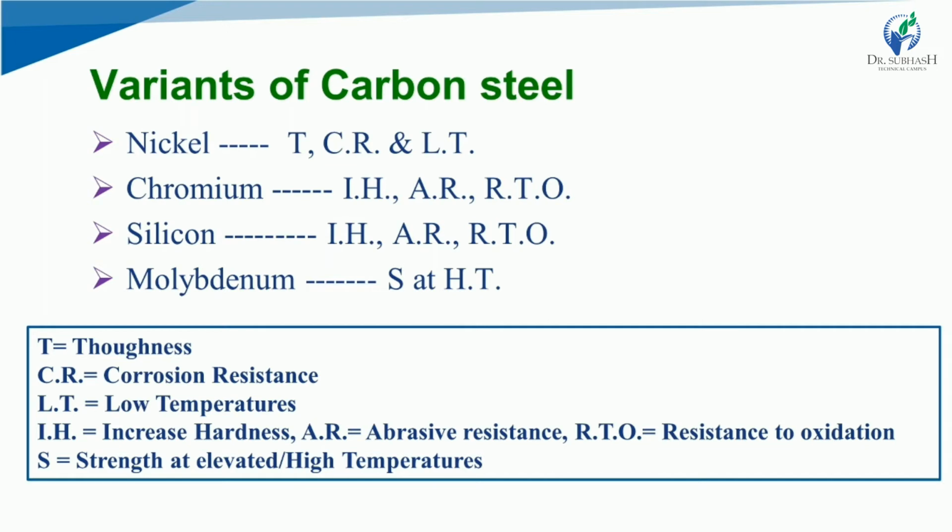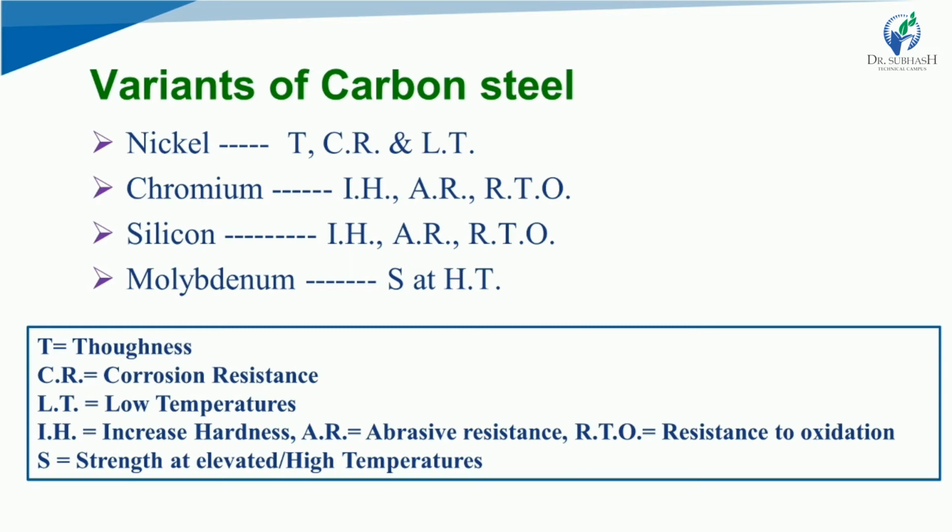Lt is low temperature, which means it has low temperature properties when mixed with carbon steel. Second comes chromium. Chromium gives IH, which means increase in hardness. AR is abrasive resistance. You will see more abrasive resistance when you use chromium, and resistance to oxidation, that is RTO.